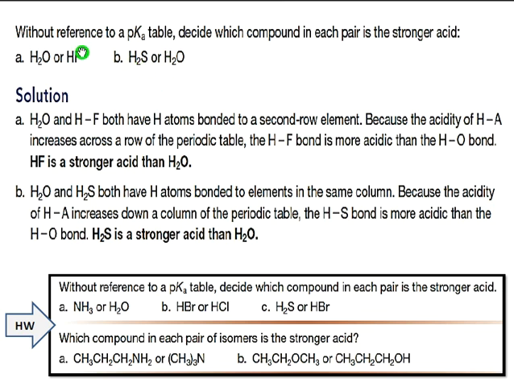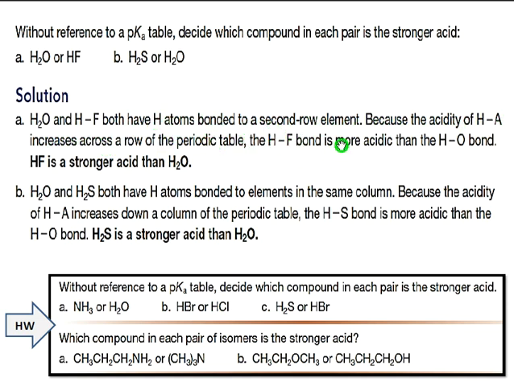And here is the example: without reference to the pKa table, decide which compound in each pair is the stronger acid. Is this one stronger than this, or H2S or H2O? Now for the answer: HF and H2O both have a proton bonded to a second-row element, and the acidity of HA increases across a row of the periodic table.